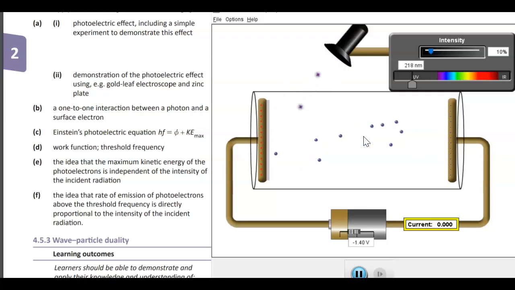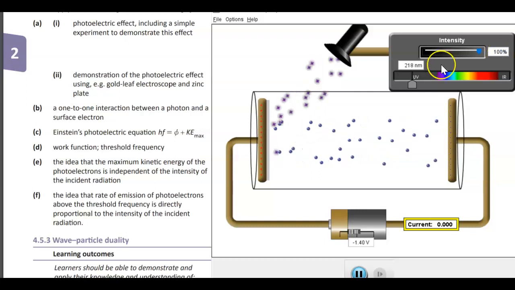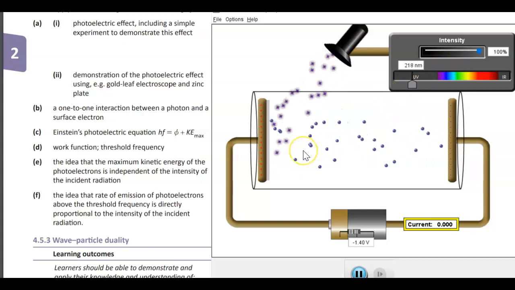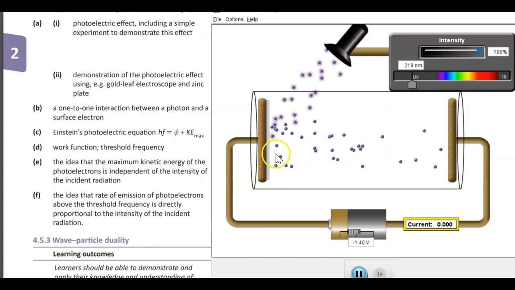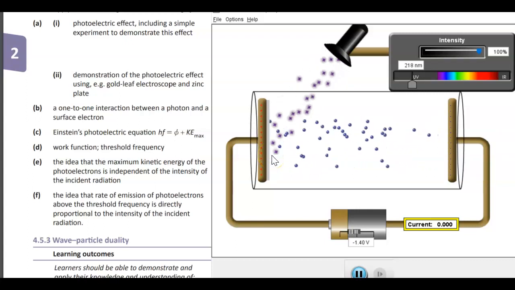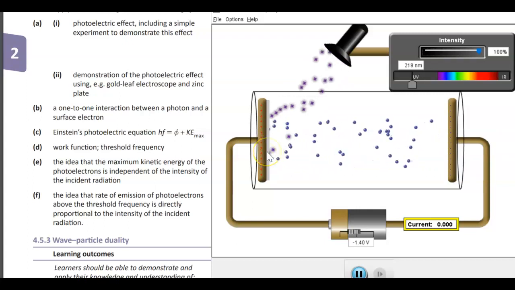One thing that's very important is part B here, which says a one-to-one interaction. Now what that means is, if I just put the intensity back up to quite a high value, every electron that was emitted, that's every photoelectron, requires one photon to have arrived at the surface.